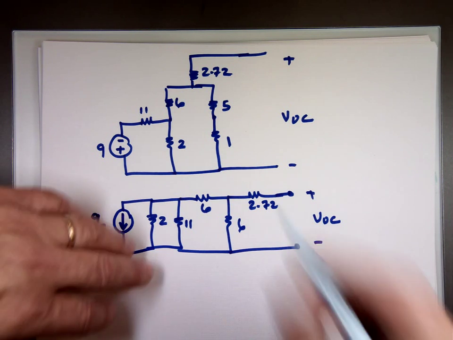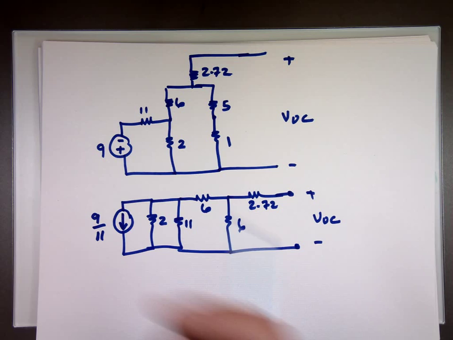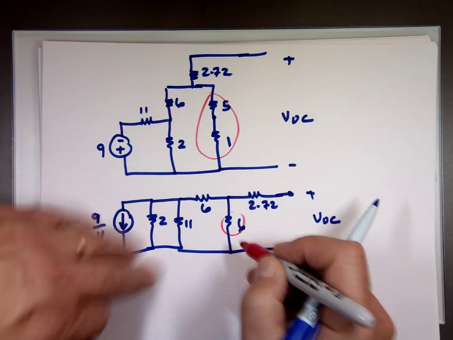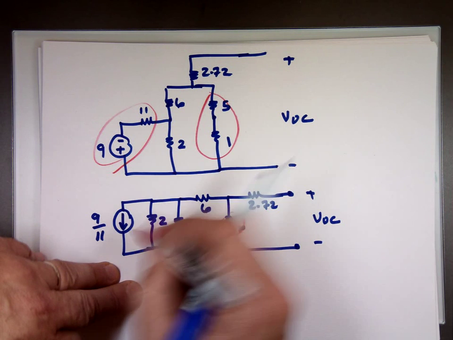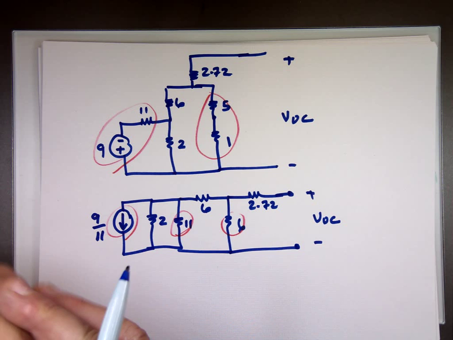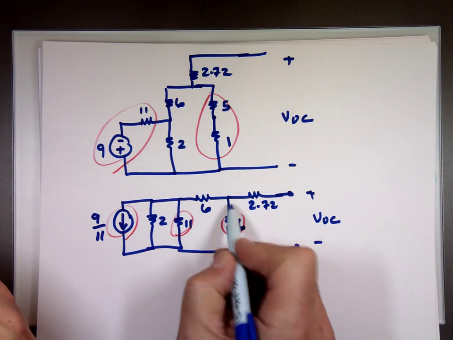I took these two and combined them into one, that's a 6. I took these two, that's this and this. The 6, I just put it this way and connected it right here.